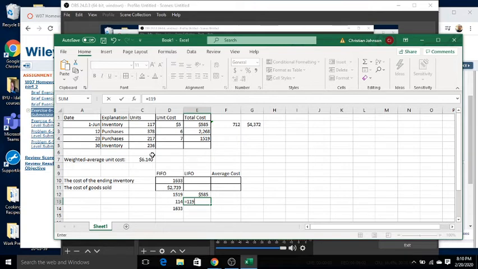And then we multiply that likewise by $6. It becomes $714. And then likewise we add these two together to get $1,299 for the ending inventory.